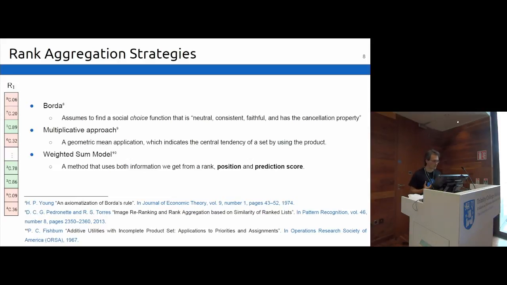And these are the rank aggregation strategies. We have Borda, which is ranking position based, it only considers the position of the video. The multiplicative approach is basically a geometric mean considering only the scores, and we tried the weighted sum model, trying to get both information from rank and scores.